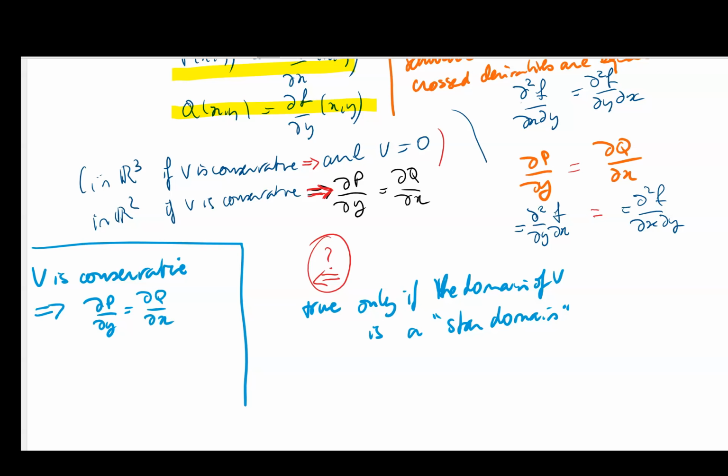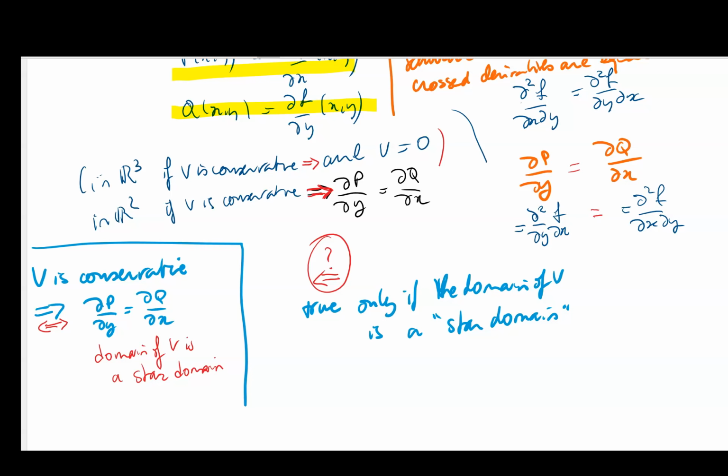And if we add the assumption that the domain of V is a star domain, or star-shaped, then we have also the reverse implication. So in the end, we would have the equivalence.